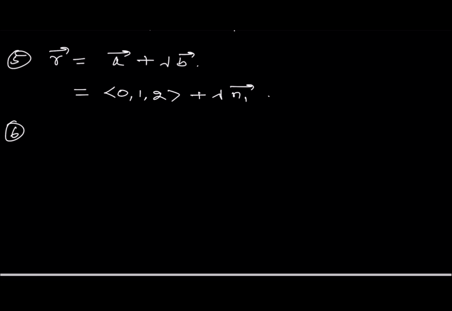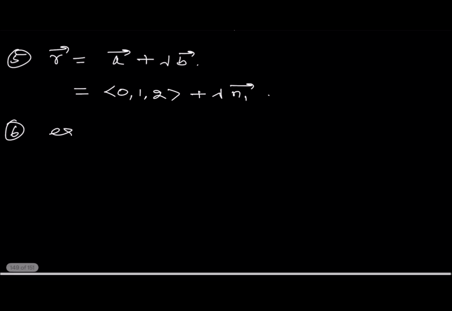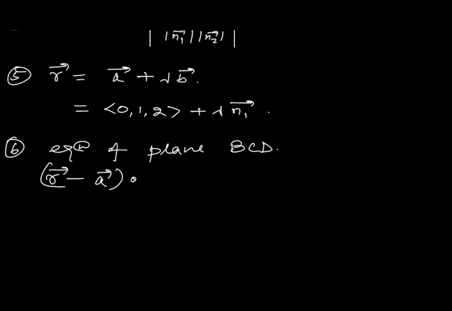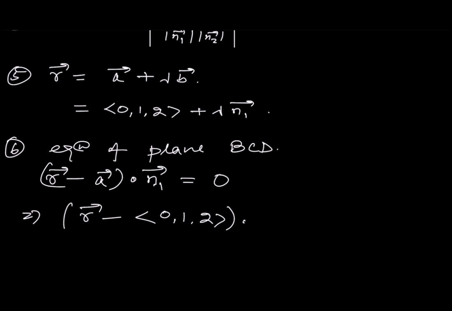Last part, that is the foot of perpendicular from A to the plane BCD. So first of all, for this we need to find the equation of the plane. So the equation of plane BCD is R vector minus A vector dot n vector is equal to 0, and n vector is nothing but this n1 vector. So R vector minus 0, 1, 2 dot n1 vector is equal to 0.